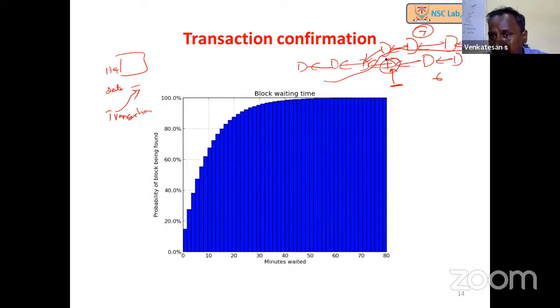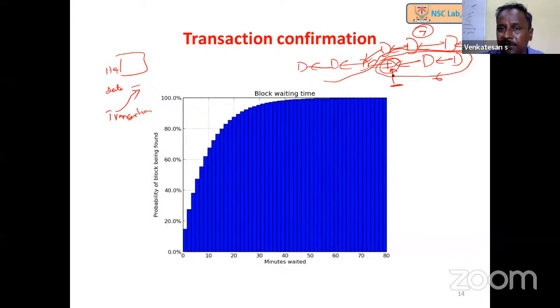Now what is going to happen after a certain number of blocks? We see that this part is not going to be of any use. Only this is going to be successful. And now whatever transaction is present in this particular block is considered null and void. However, Amazon has already sent me the product. Now Amazon will incur a loss because the transaction committed into this block is not going to be valid in future.